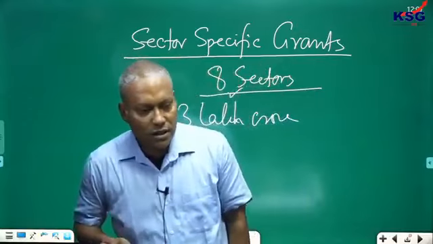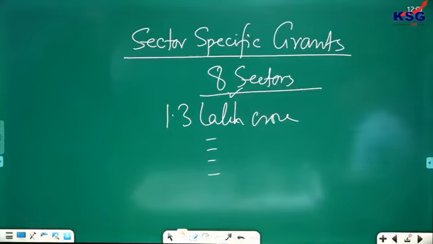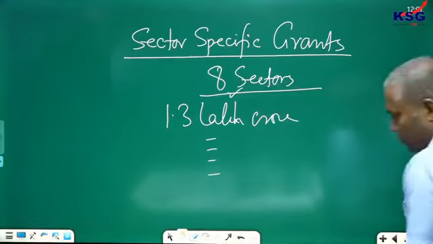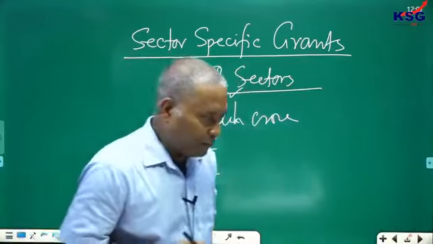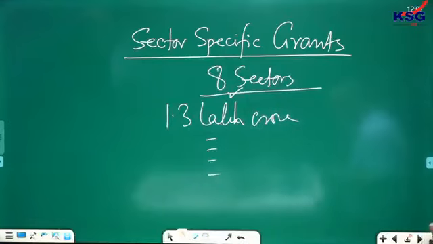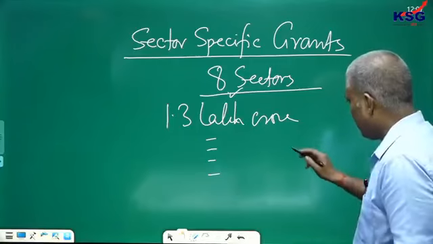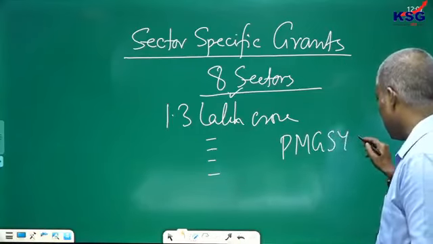Fourth one, implementation of agricultural reforms. Fifth one, you write maintenance of Pradhan Mantri Gramin Sadak Yojana roads.